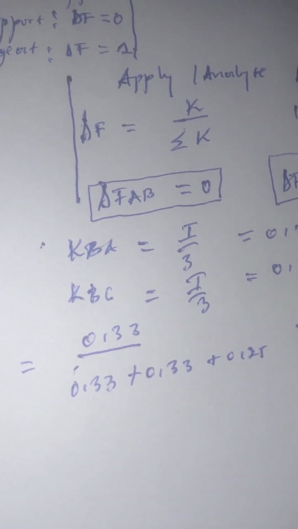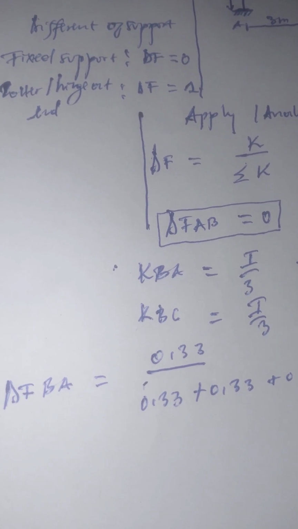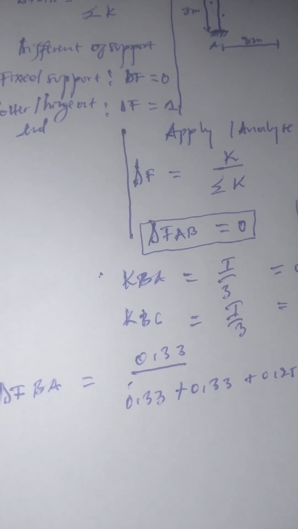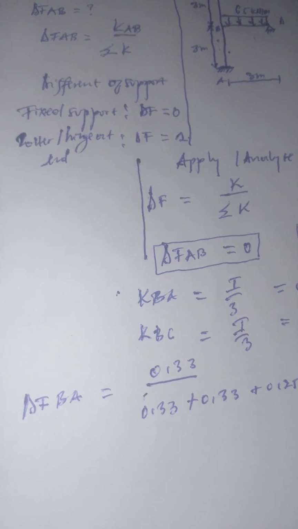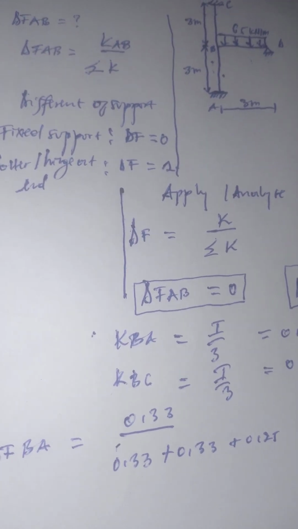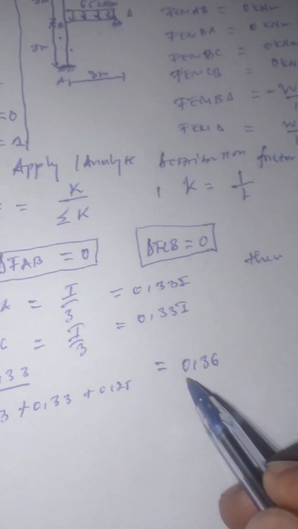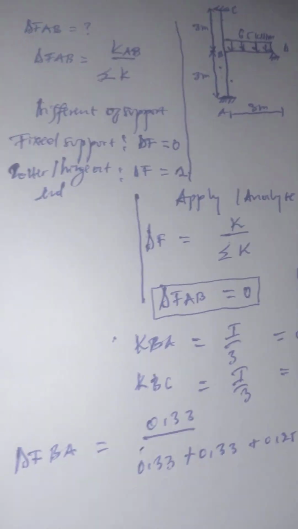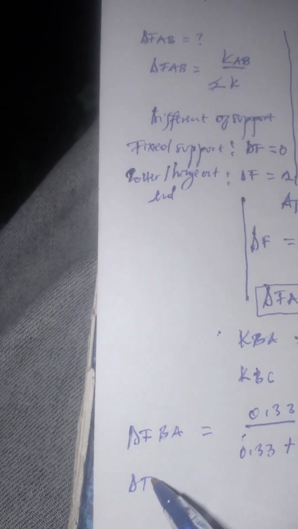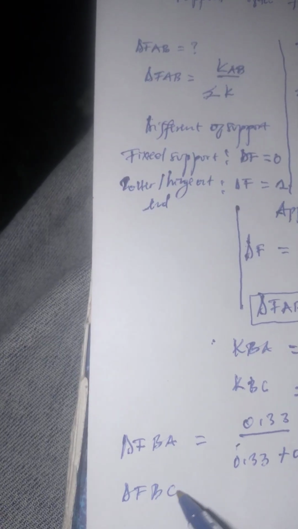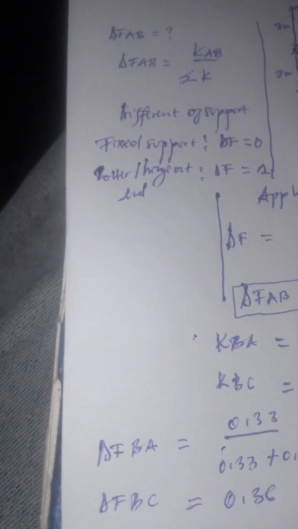We obtain that by using 0.33 over 0.91, which gives 0.36 as the distribution factor of BA. Distribution factor of BC is the same as this, equal to 0.36.